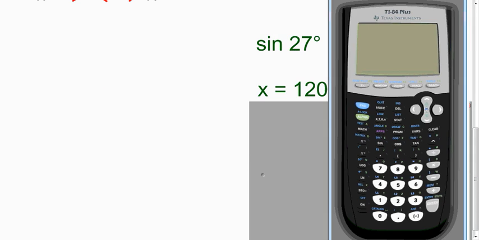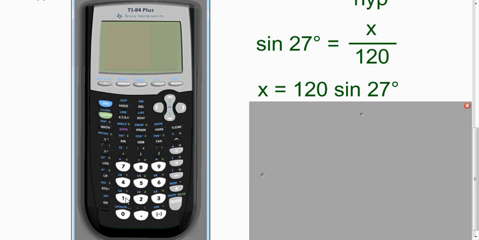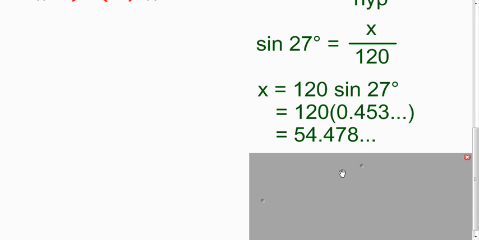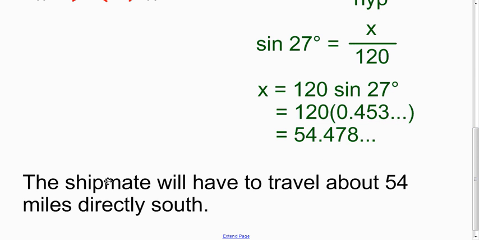You just put that expression in the calculator. 120 times sine of 27. That gives us about 54.47, and we want to round to the nearest mile, so he's traveled about 54 miles directly south.